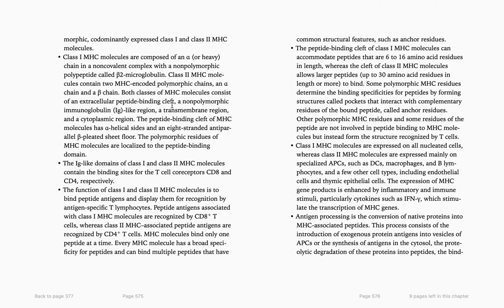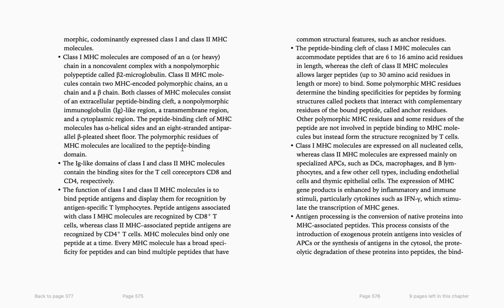Both classes of MHC molecules consist of an extracellular peptide binding cleft, a non-polymorphic immunoglobulin Ig-like region, a transmembrane region, and a cytoplasmic region. The peptide binding cleft of MHC molecules has alpha helical sides and a floor of eight standard antiparallel beta pleated sheets.